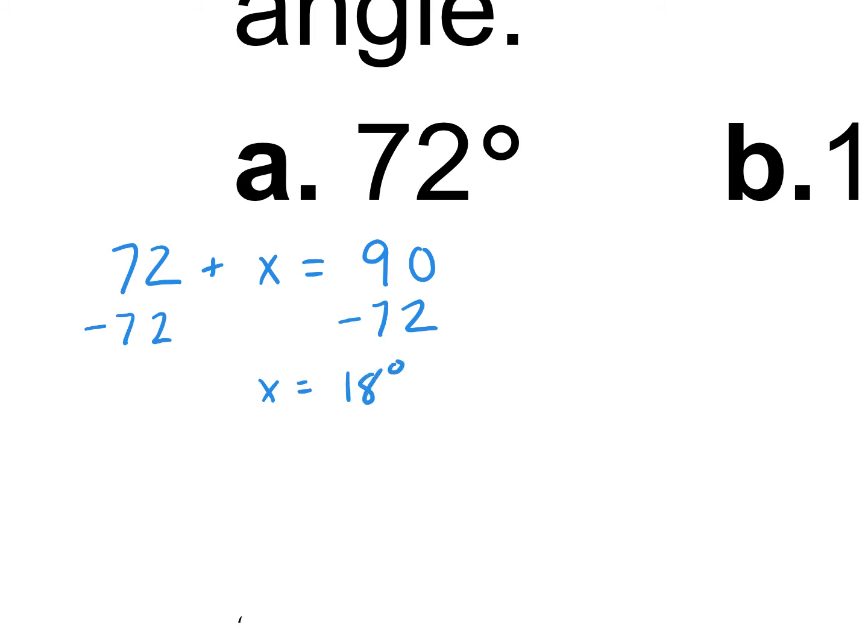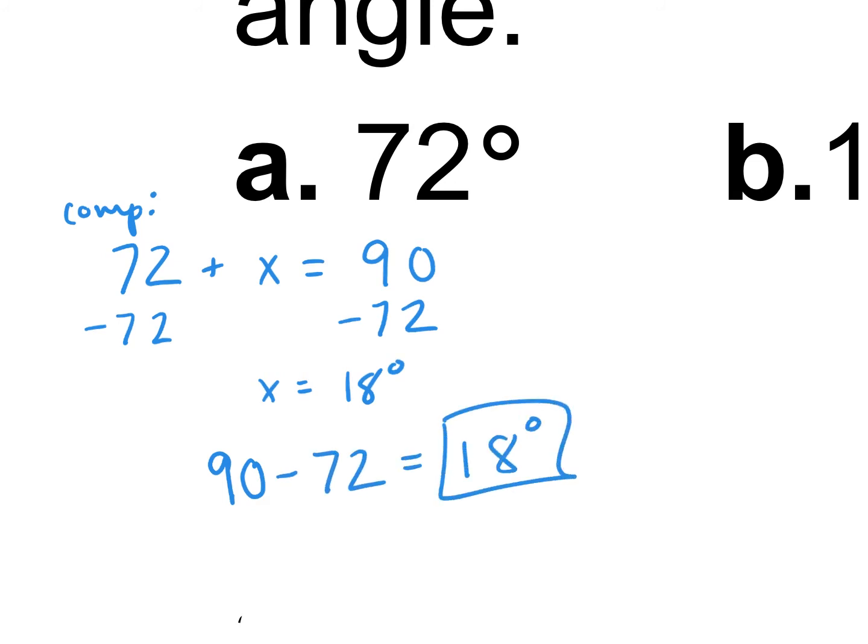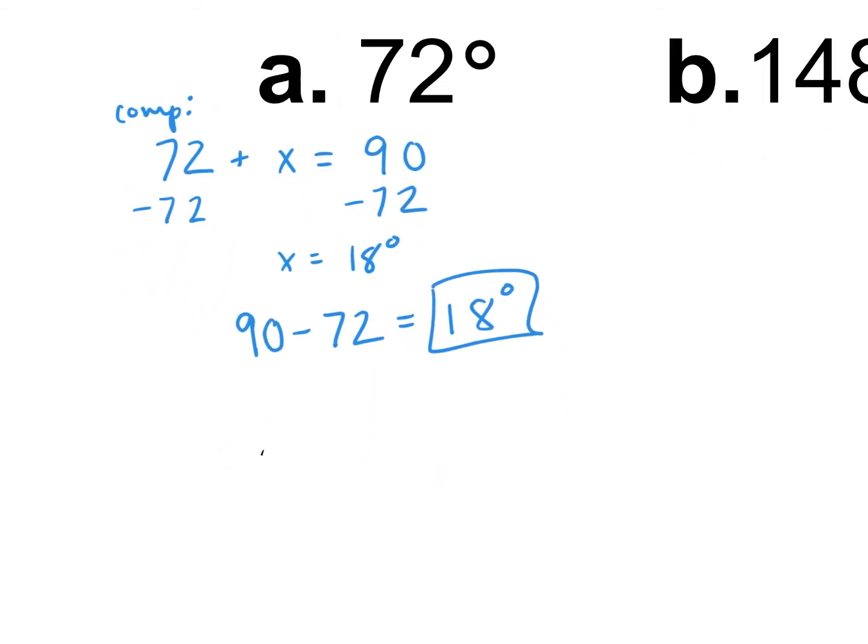Another way that we could do this, so this is to find our complementary angle because they add up to 90, is we can just take 90 and subtract 72, and that would give us 18. You have to put the degree sign or it's wrong, completely wrong, because how do I know if you're talking about radians or degrees if you don't put the degree sign?